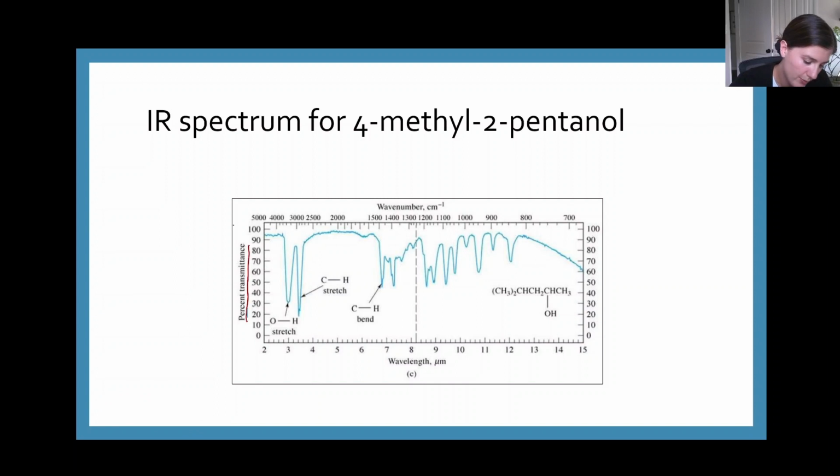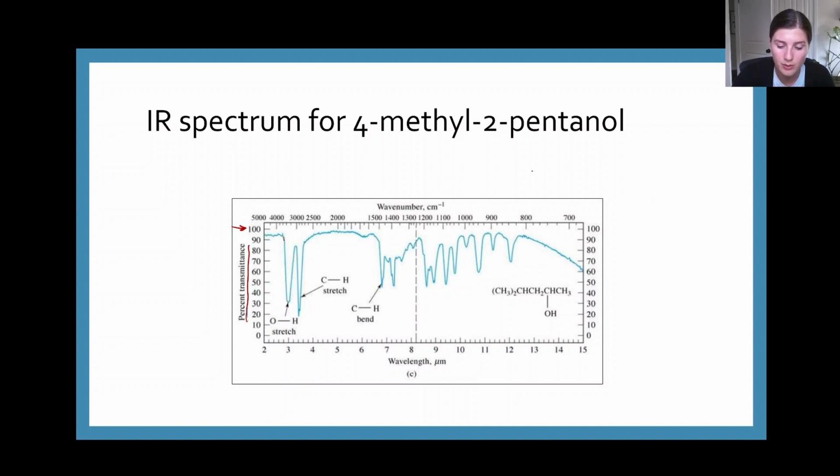So if we have 100% transmittance, that means that none of the IR energy of that wavelength or wave number was absorbed by your sample. So if you did have a certain bond in the molecule that absorbs a certain wavelength, this blue line, which I'm now tracing in red, will show a lower percent transmittance.